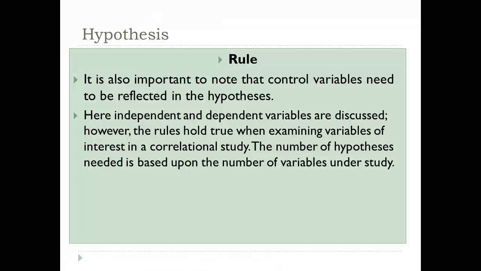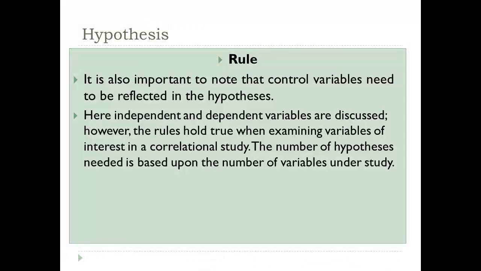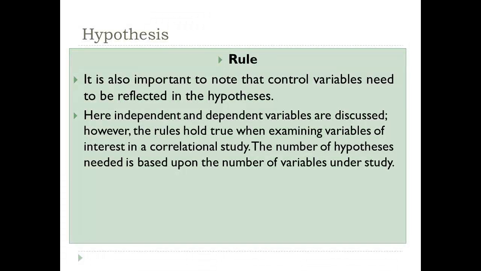However, I also want to talk a little bit about hypotheses for correlational studies. In a correlational study, you have variables of interest, or predictor and criterion variables, and we'll talk more about that when we talk about variables. But the rules that we just examined hold true in a correlational study. As the number of variables increase, the number of hypotheses increase.